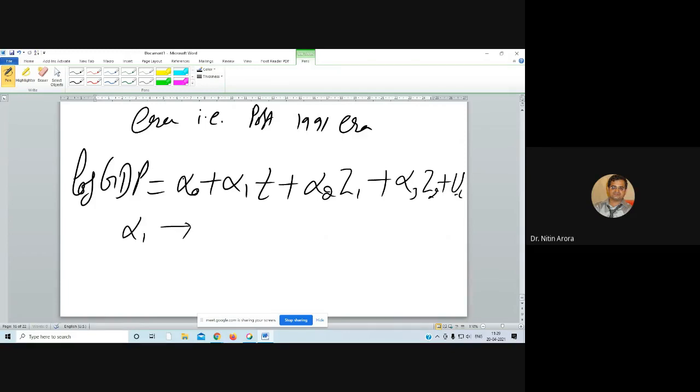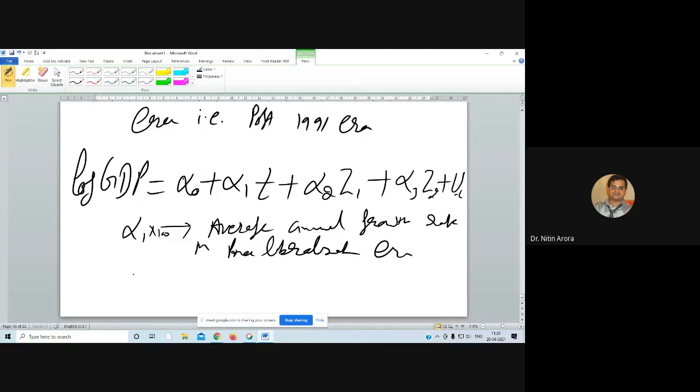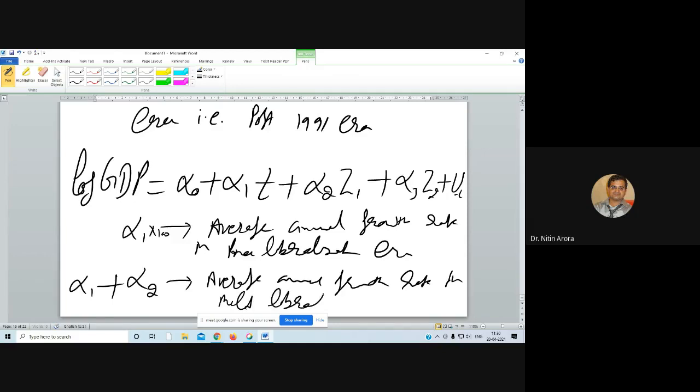Alpha 1 will be, obviously you multiply this by 100 to get it in percentage, the average annual growth rate in the pre-liberalization era. Alpha 1 plus alpha 2 would be the average annual growth rate in the mild liberalization era.